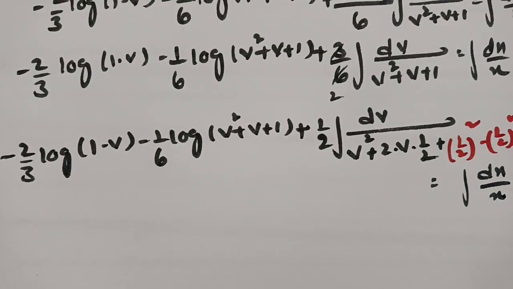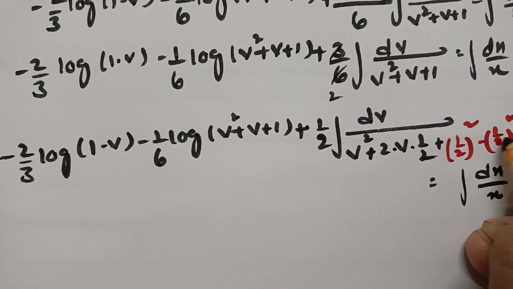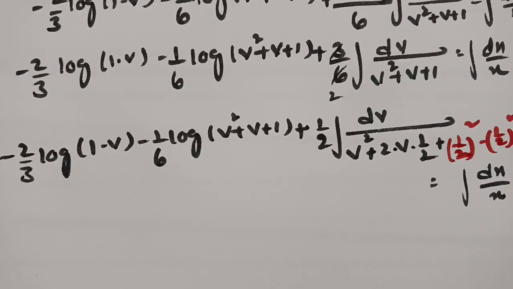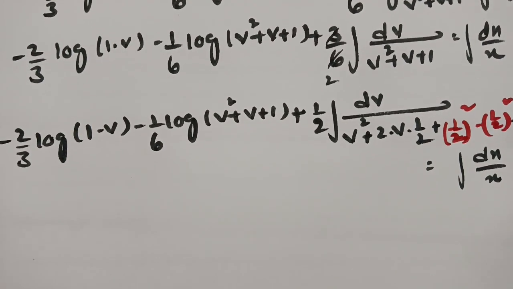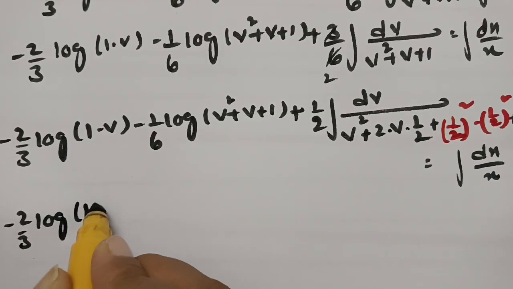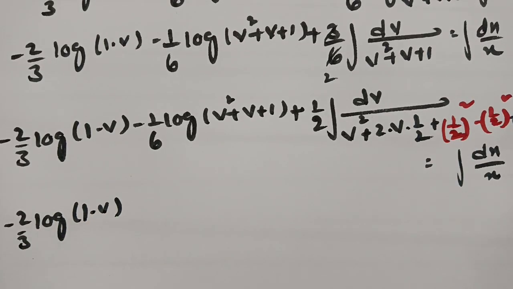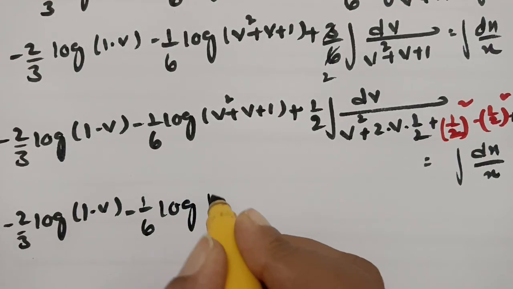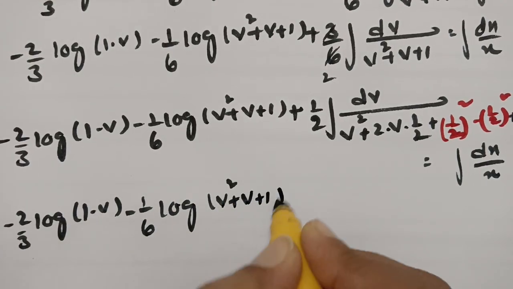Clear? And see, I am adding b square as half square, and this is minus half square, and this is going to become minus 2 by 3 times of log of 1 minus v minus 1 by 6 times of log of v square plus v plus 1.